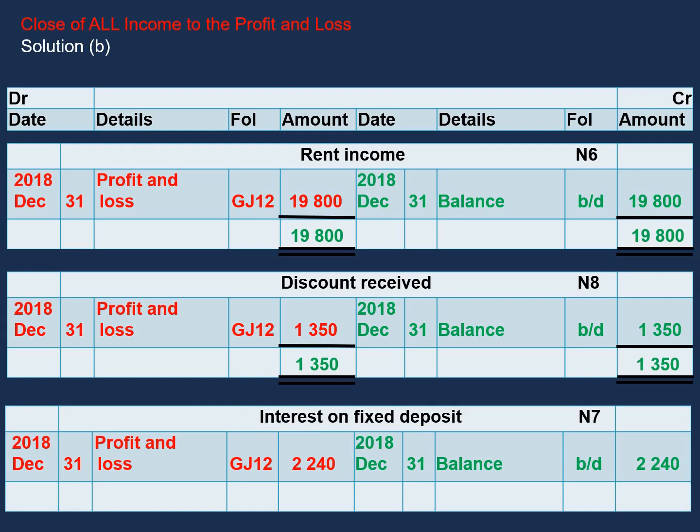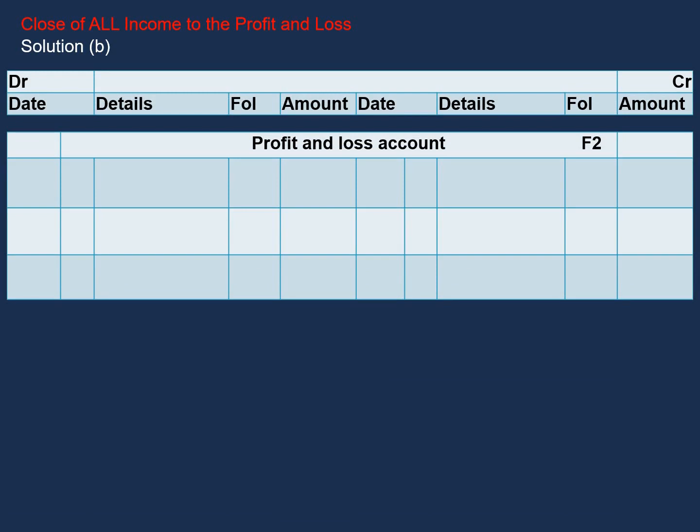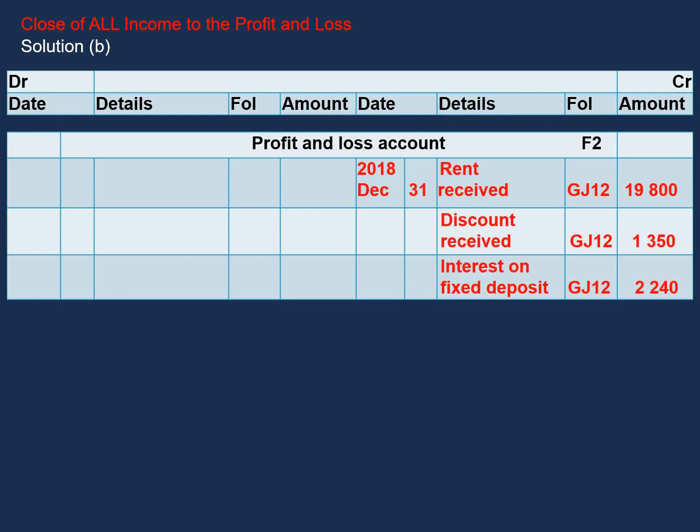We will also debit our interest on fixed deposit account with 2,240 to close off our interest on fixed deposit account. Also remember to total your account. Now in our profit and loss account, all of these accounts will reflect on the credit side of our profit and loss account, and this will complete our double entry for these transactions.